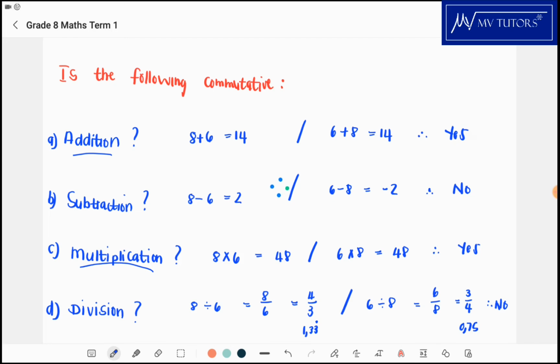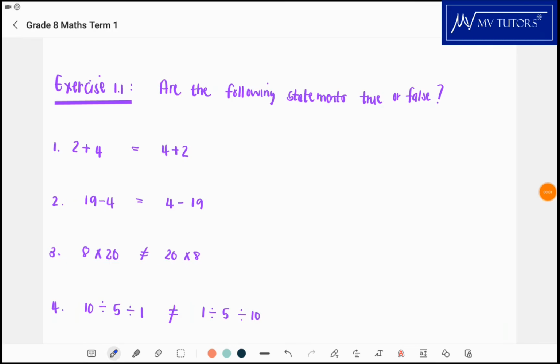Now let's start with this exercise. It says, are the following statements true or false? Having learned about the commutative property, 2 plus 4, we know that is 6, and 4 plus 2 is also 6. So is the statement true or false? It's definitely true.